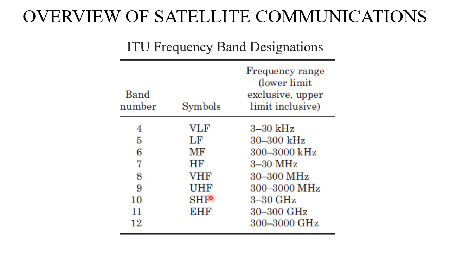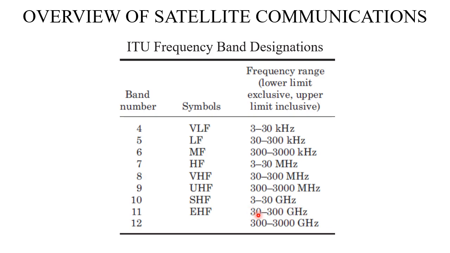Next one is called the super high frequency or SHF, ranging from 3 gigahertz to 30 gigahertz. So satellite communication system using the super high frequency. Next one is extreme high frequency or EHF, that is 30 to 300 gigahertz.